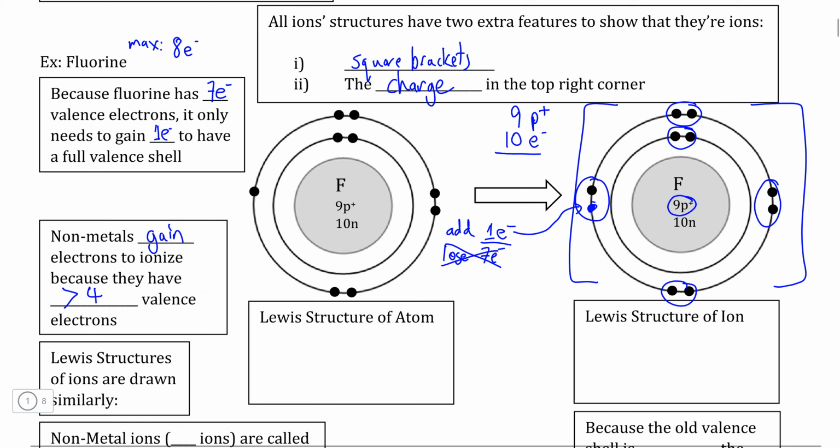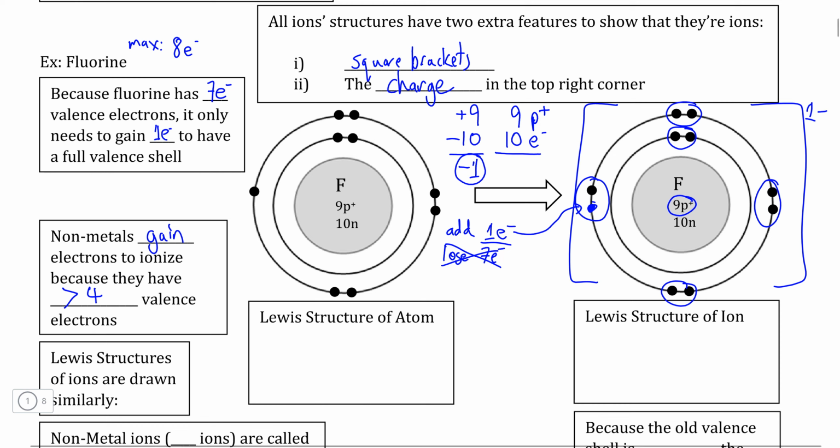If we designate each proton as a charge of positive 1 and each electron as a charge of negative 1, positive 9 minus 10 is a charge of negative 1, which we can write as 1 minus in the corner like this. And this is a simple way that we can figure out the charge.